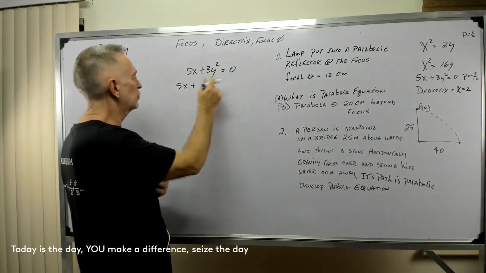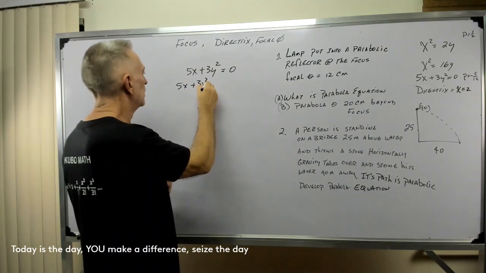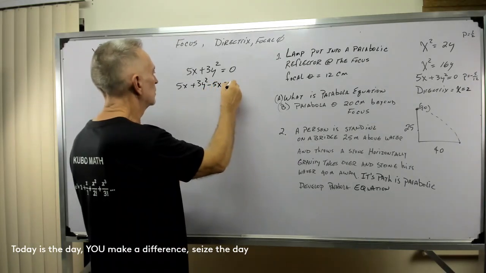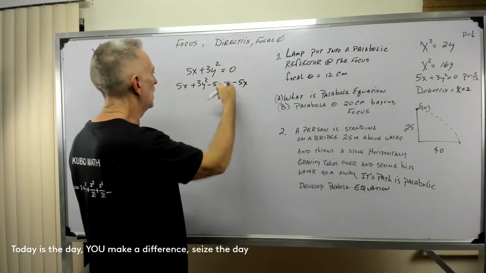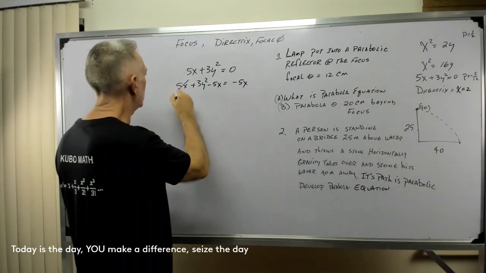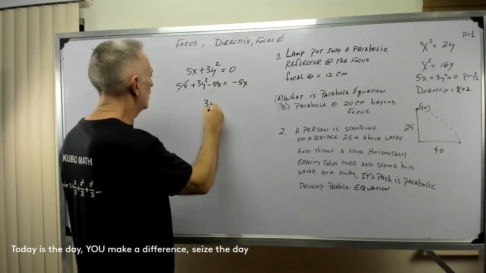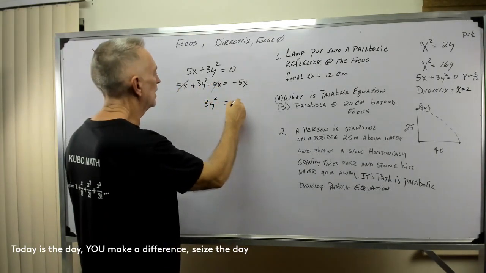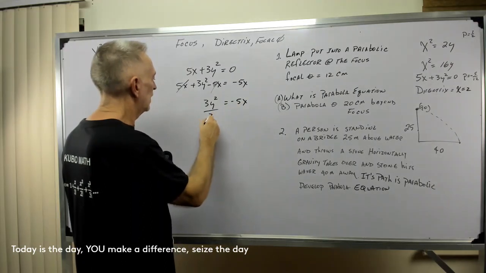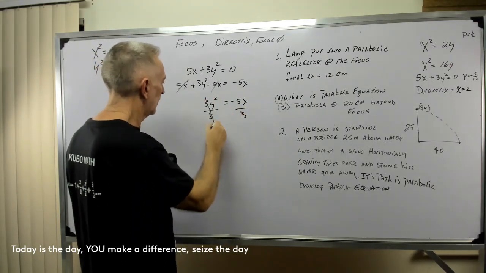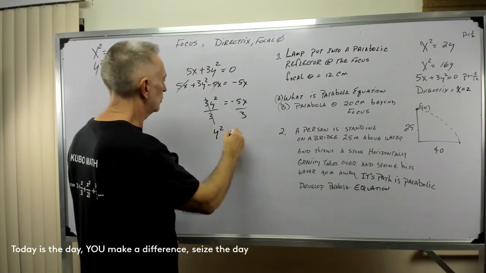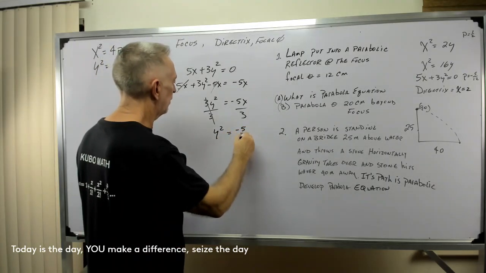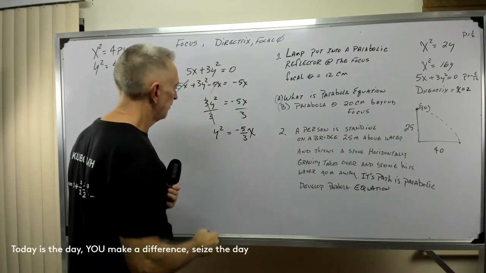Subtract 5x from both sides. 0 minus 5x is negative 5x. Those cancel. So I have 3y squared equals minus 5x. Divide by 3. So y squared equals minus 5/3 x.